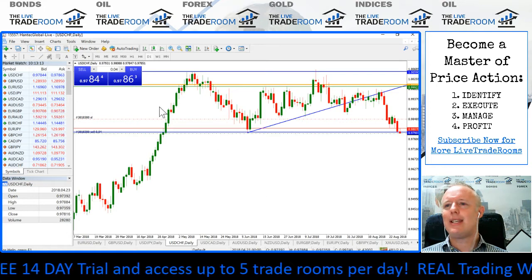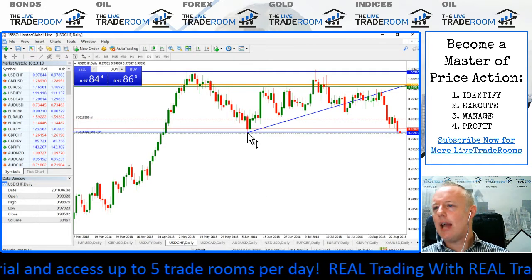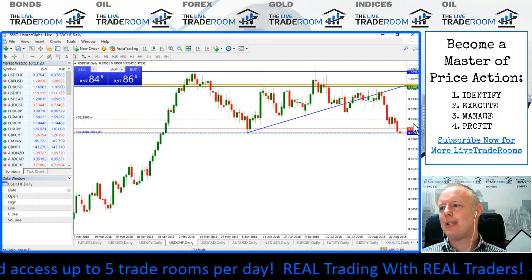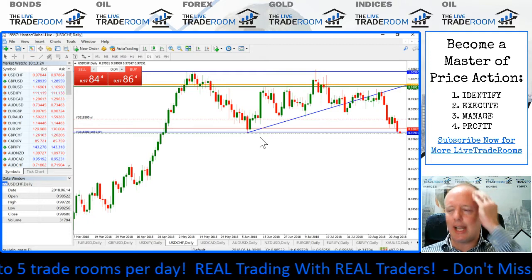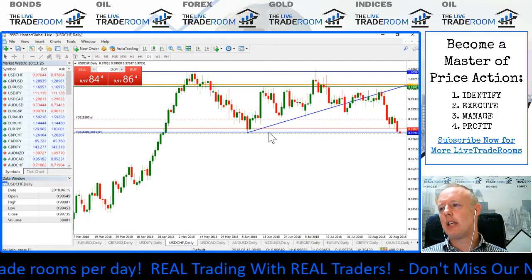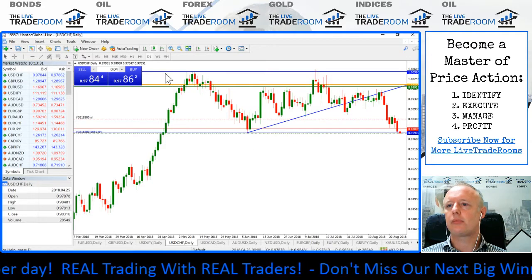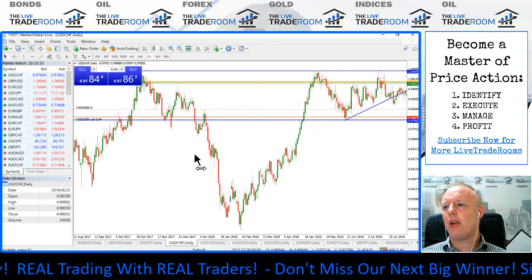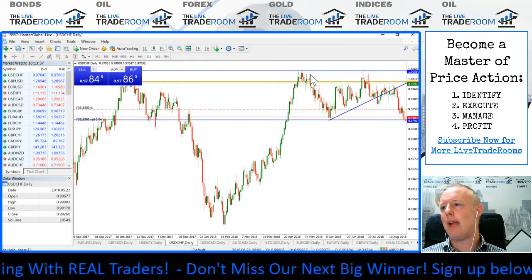Now, this is where we're at with regards to the dollar Swiss. And I want to draw your attention to the technical setup that we're currently seeing. This and the dollar CAD are in really strong positions to the downside. When we look at this, we can see that there's effectively a triple top up here at these highs.